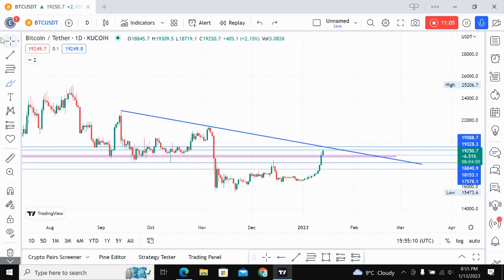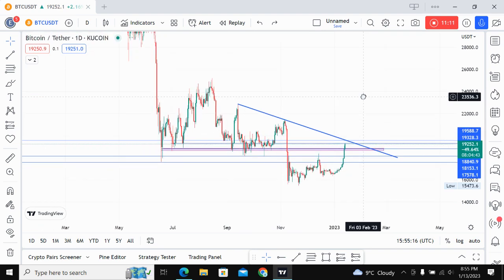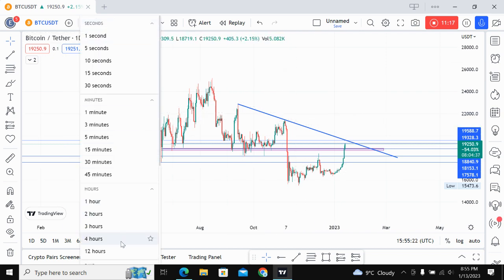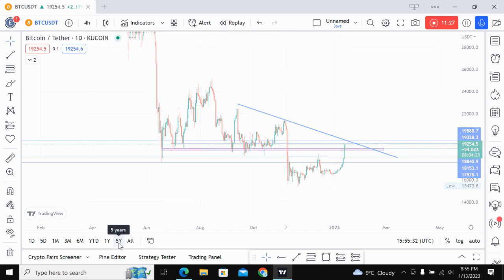So this would also be a good resistance as it is indicating a trend line resistance. Okay. So I would mark it here and leave it and move to a smaller time frame. You can also check 12 hours, but I would move to 4 hours because 12 hours and 1 day is almost the same. So I'm going into the 4 hour time frame.